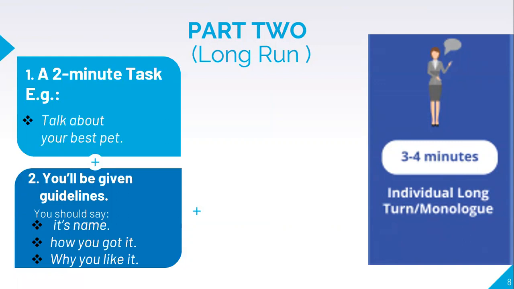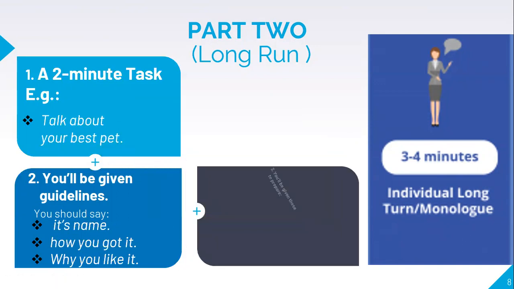So you should say what the pet's name is and how you got it, and also why you like it. So this is how your guidelines look. Okay, they can be 4, 3, the numbers vary. All right, but make sure that within the 2 minutes you have talked about everything here. Okay, right. So we move on to the third one.